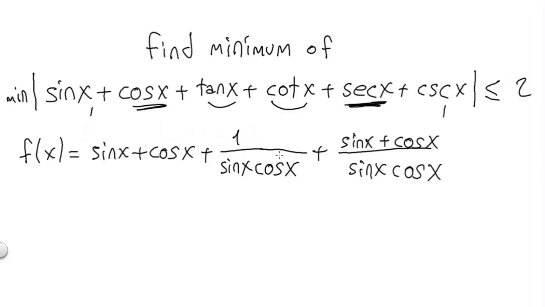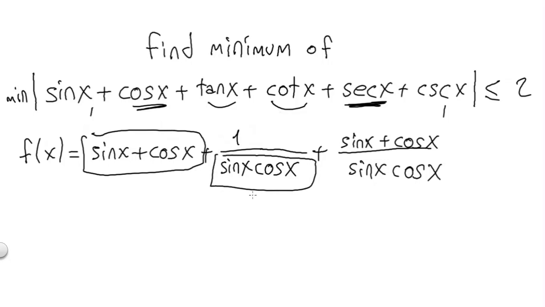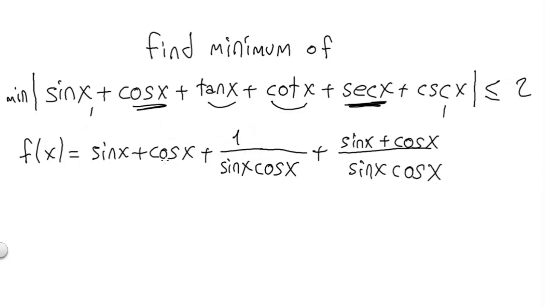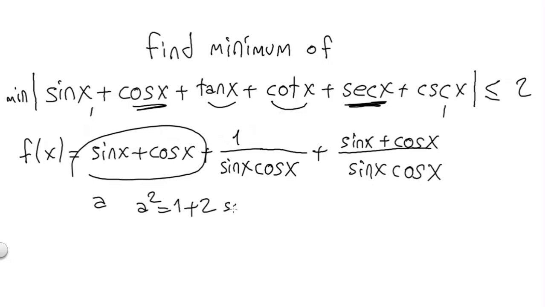So here, if I look, everything is in terms of sine x plus cosine x, or sine x times cosine x. So I'm going to try to express them in terms of each other. The first thing you may think is, if I call this thing a, then a squared is going to be sine squared plus cosine squared, which is 1, plus 2 sine x cosine x.